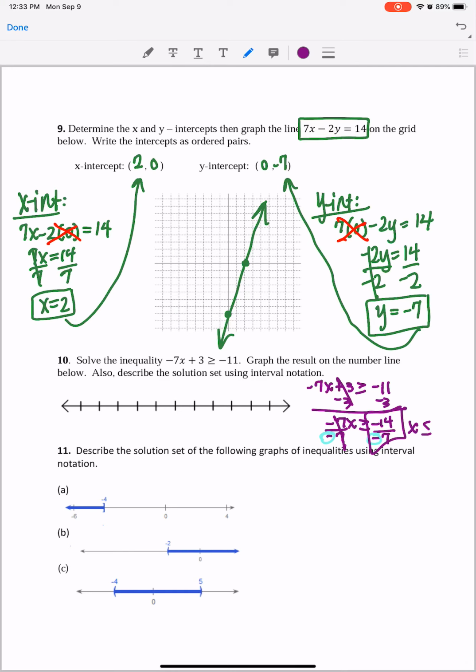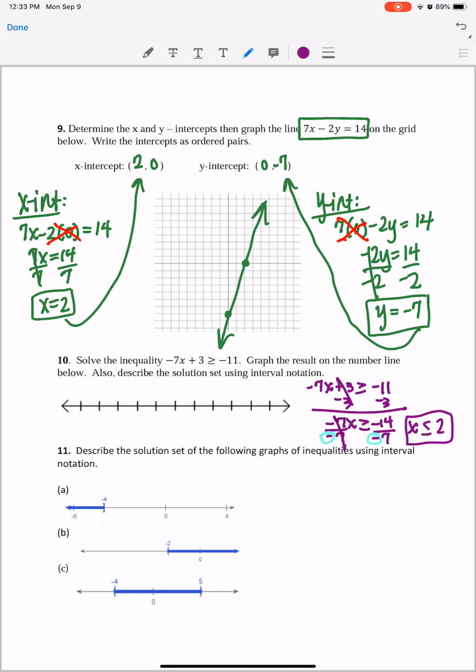And then just divide this like normal. So negative 14 divided by negative 7 is 2. So that is solving. Okay, so the only additional rule is when you multiply or divide by a negative number, you do have to flip that symbol.